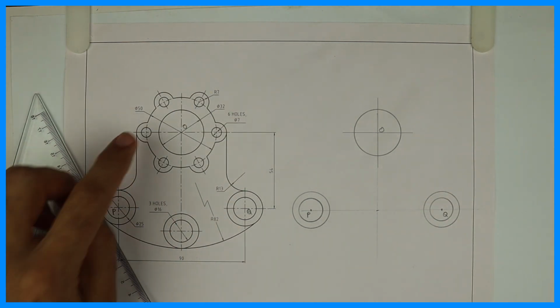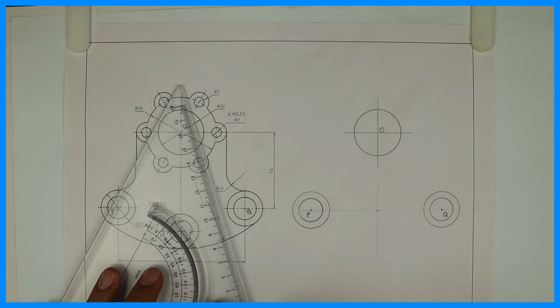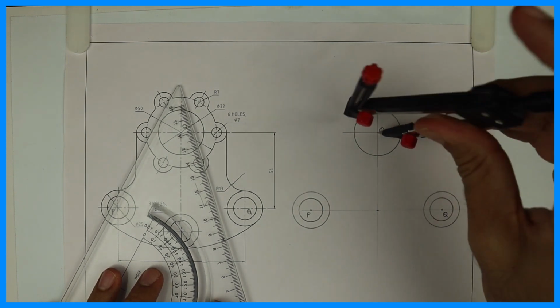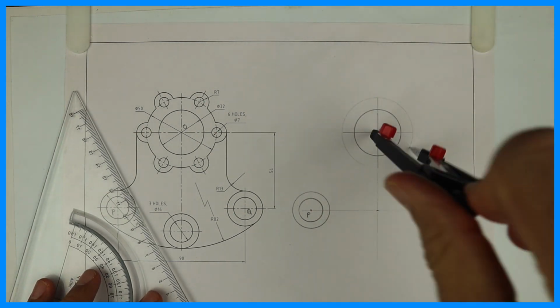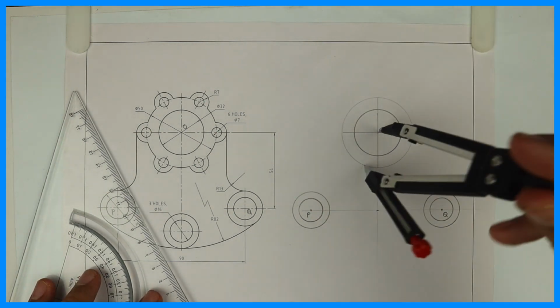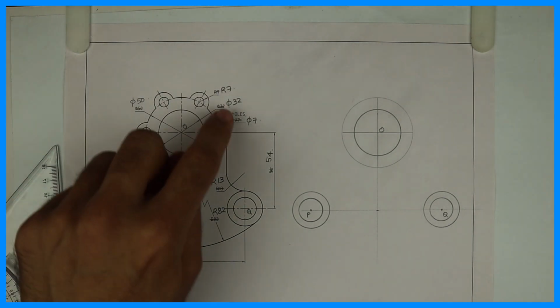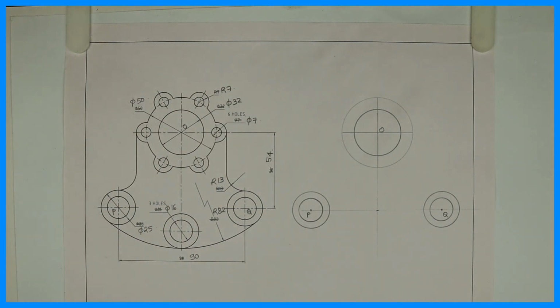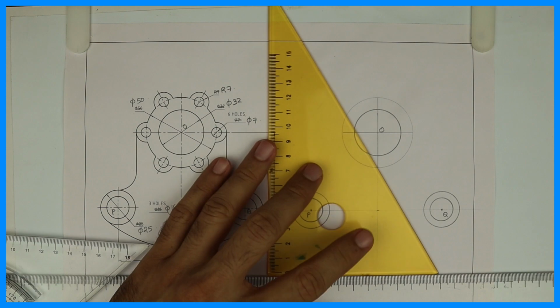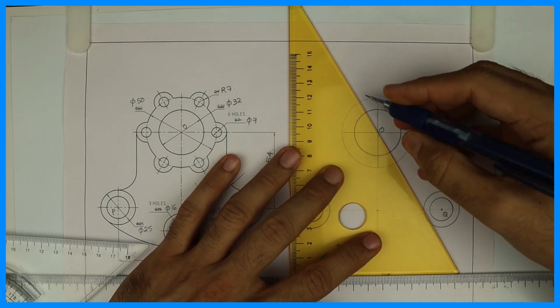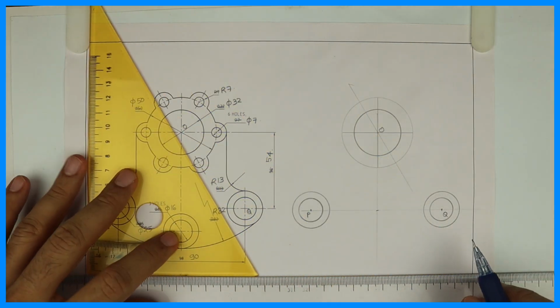Now if you see, this outer circle is diameter 50, so we'll take radius 25. Now see, there are 6 circles, so you draw 60, 60.